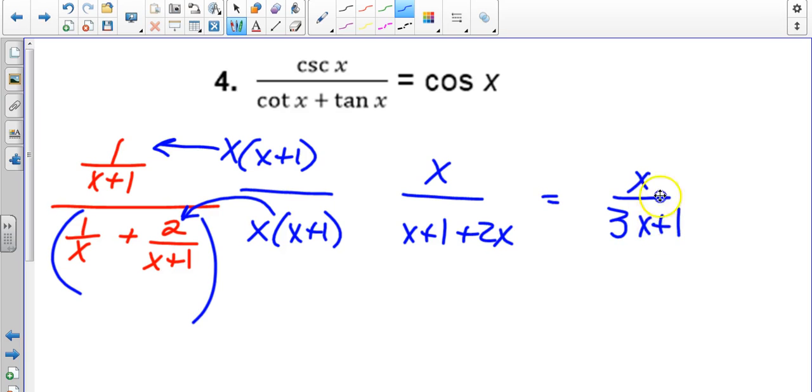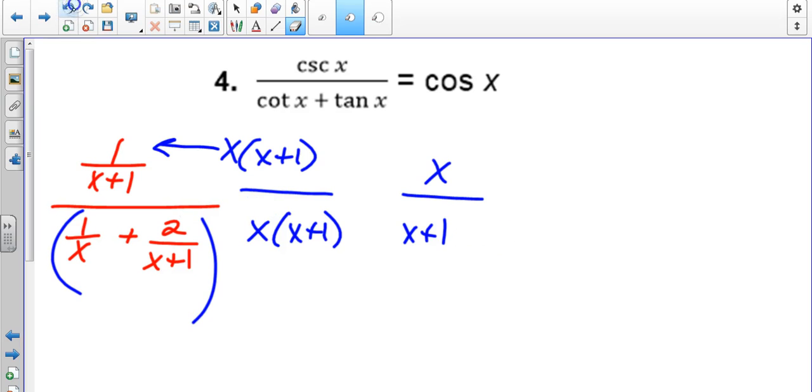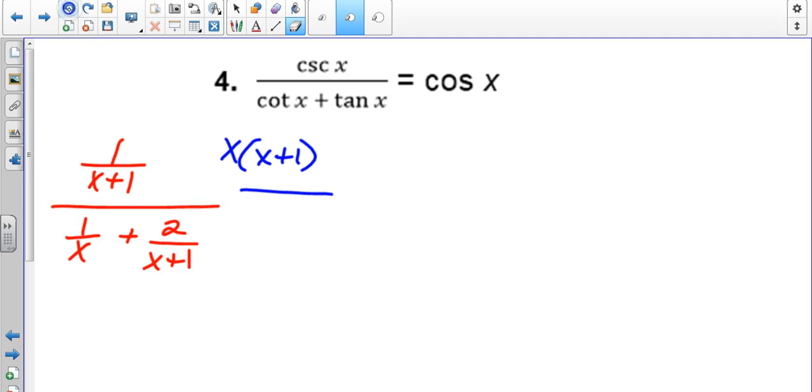Now can I cancel the x? No. Thank you. All right. But was that a pretty nice way to handle that problem? Okay. I wanted to show you that because I want to talk about how we can get rid of all of these fractions.